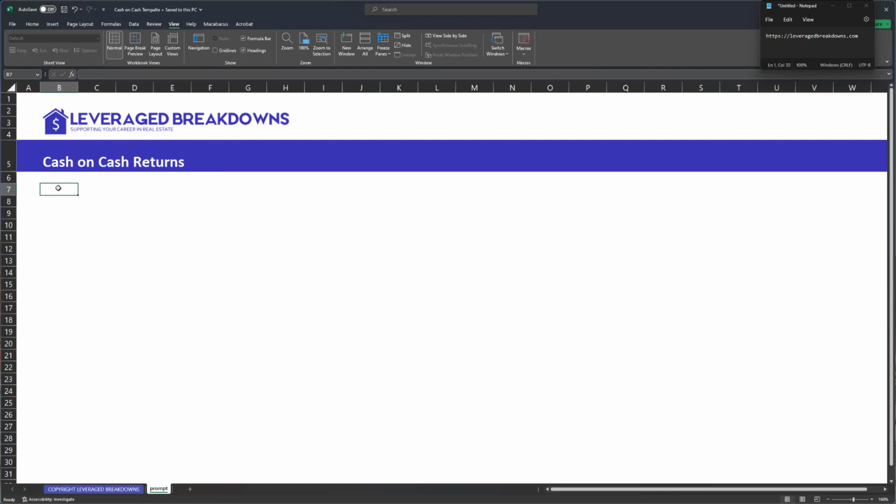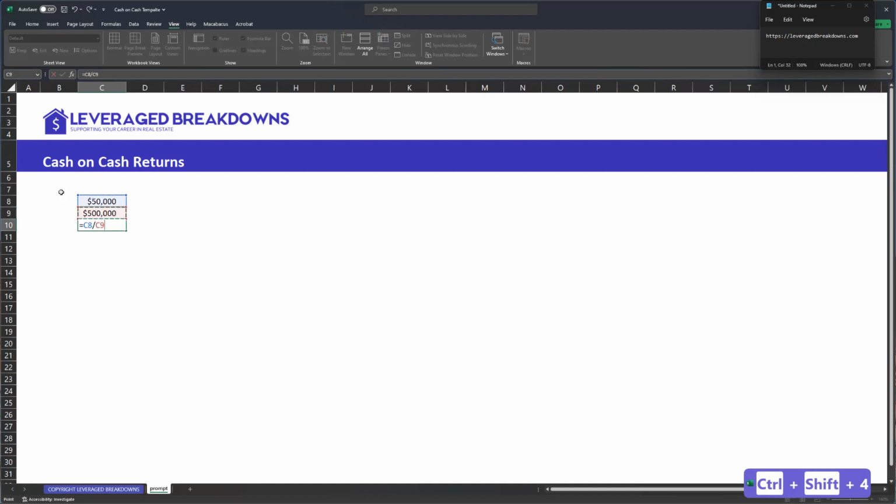So, cash-on-cash return as defined. Cash-on-cash return is a metric used to measure the cash flow generated by a property relative to the amount of cash invested. It is expressed as a percentage and calculated by dividing the annual pre-tax cash flow by the initial cash investment. For example, consider a property that generates $50,000 in pre-tax cash flow per year and requires a total cash investment of $500,000.